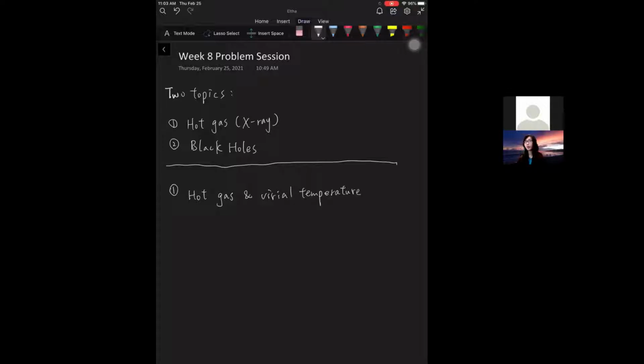Let's assume that the gas atoms in the galaxy clusters and the intergalactic medium have an average random speed of sigma r in the radial direction. And we also know that the average energy for each particle is 3/2 kT, per particle.